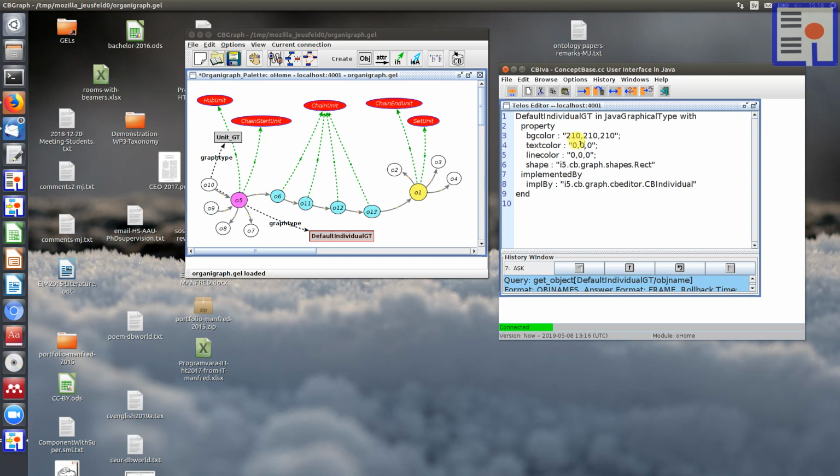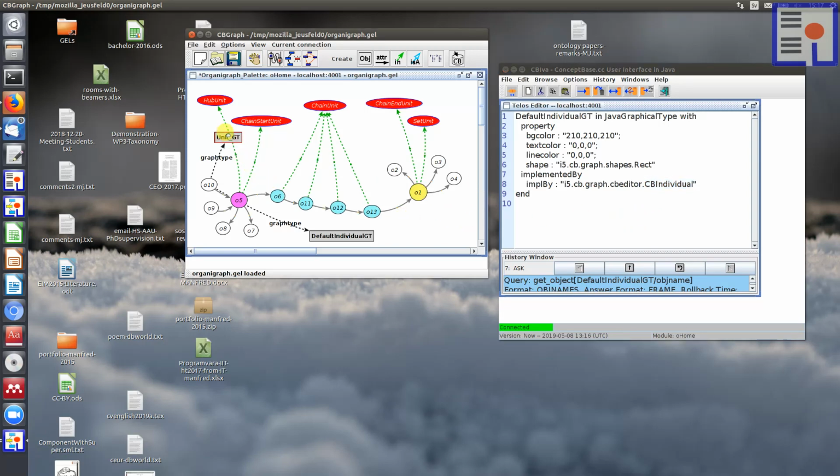The text color is black, and the line color here is black as well. The shape is a rectangle. This is a Java specific prefix. It doesn't play a big role. And this tells the graph editor, okay, this is a method or class by which we want to display this. This happens to be something that plays as a node-like object.